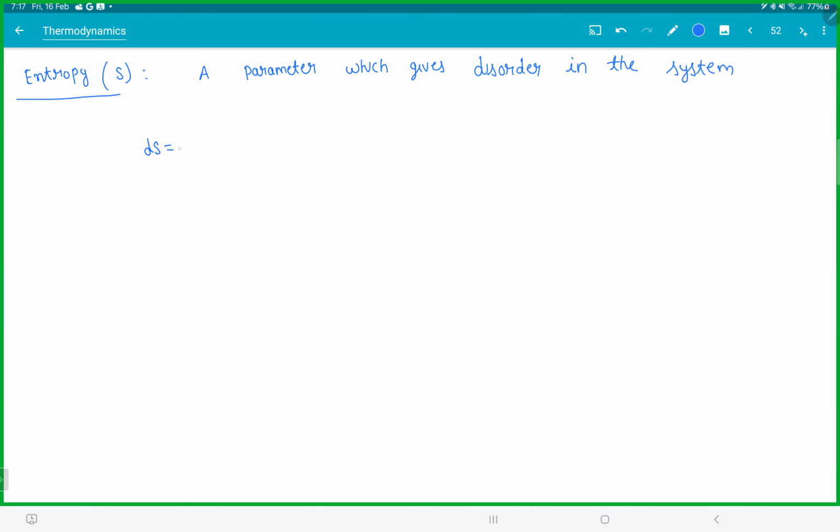The formula is dS is dQ by T. So we can write delta S is dQ by T, or delta Q is integral TdS, which is the area under the TS graph.